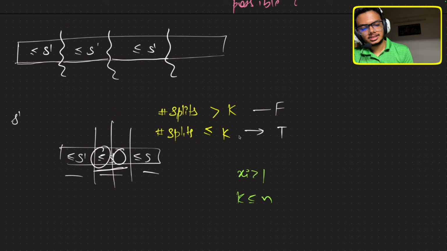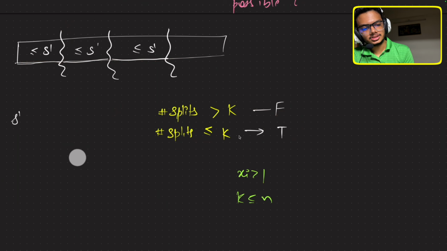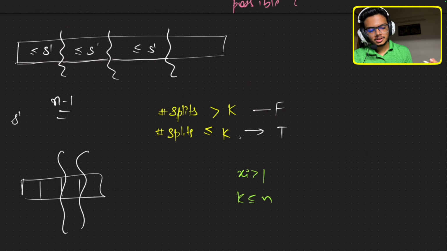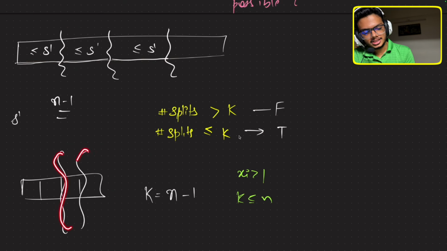So in the worst case, let's say the number of splits that you get using this strategy are n minus 1. Right. So if this was the array, let's say 4 elements. So if this was the number of splits you were getting, now if let's say k was n minus 1, right? So if you can get 3 splits, so you can definitely get 4 splits as well, right? You can definitely get 4 splits as well.